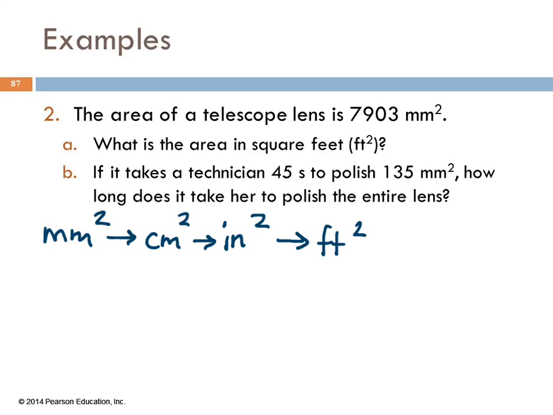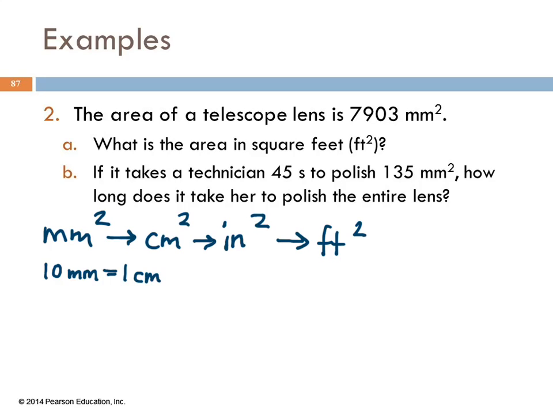Okay, so we need relationships here. We could do millimeters to centimeters in a couple of different ways. Let's go with this way. 10 millimeters is equal to 1 centimeter. You can actually get that off of a ruler by looking at the ruler. There's 10 divisions. Each division is a millimeter in the big centimeter.